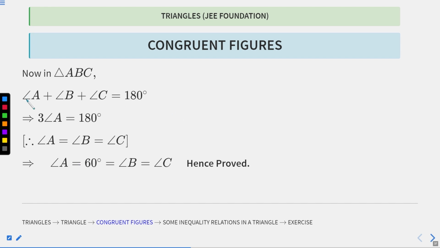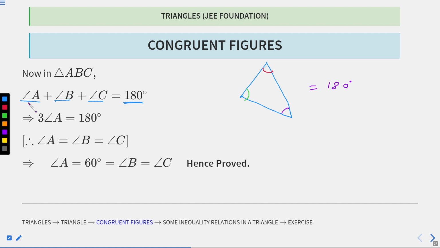If you recall, in a triangle, if you add all the interior angles, you will get 180 degrees. That means if you have any triangle, then the angle here, angle here and angle here all add up to 180 degrees. I hope this is clear.